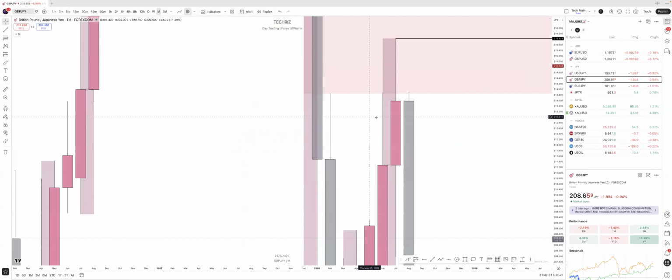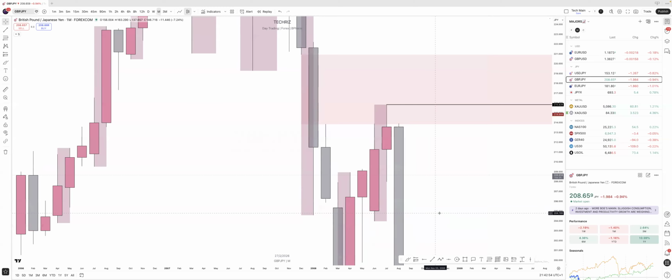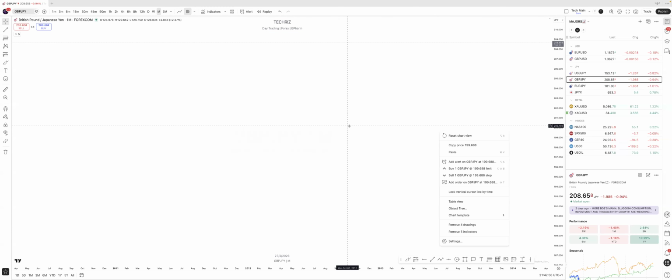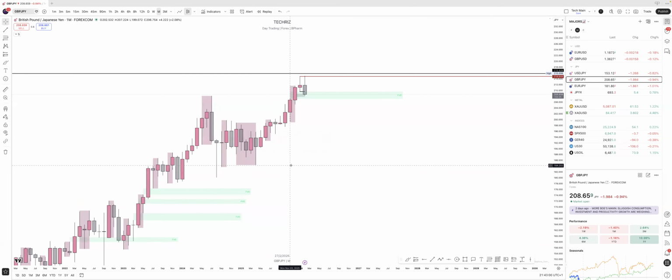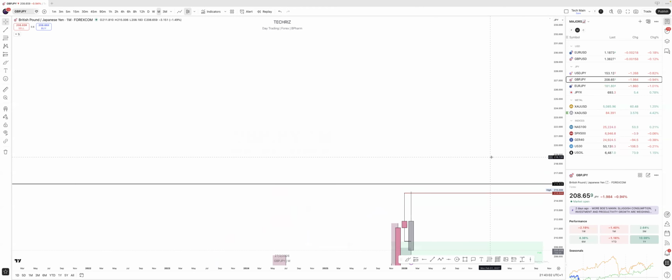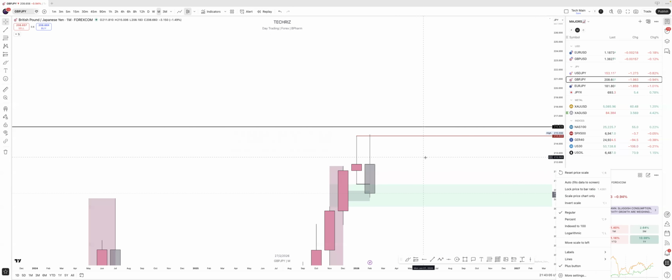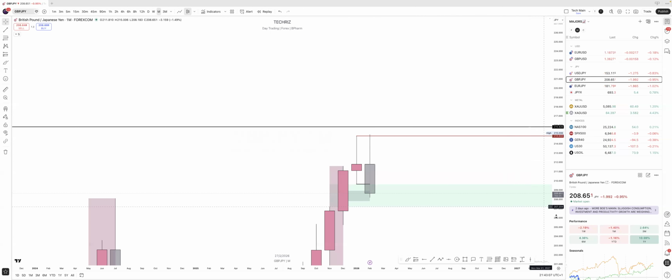I think it was a lady's voice I heard, and she said that on the monthly time frame, the price has taken out the previous month's high on GBP JPY, which was around here.